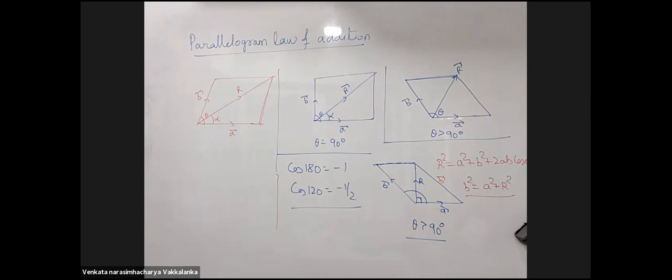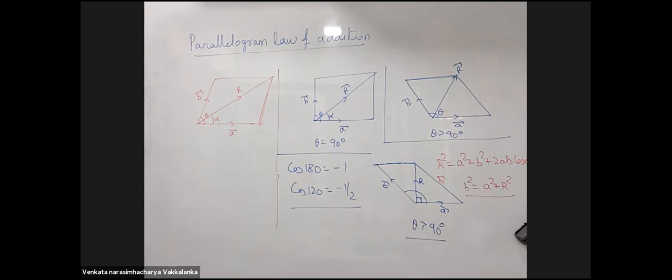Sir, we can resolve vector B into x and y components also. Perfectly okay with that. We will be coming to that as well. So, we can resolve vectors into two axes.